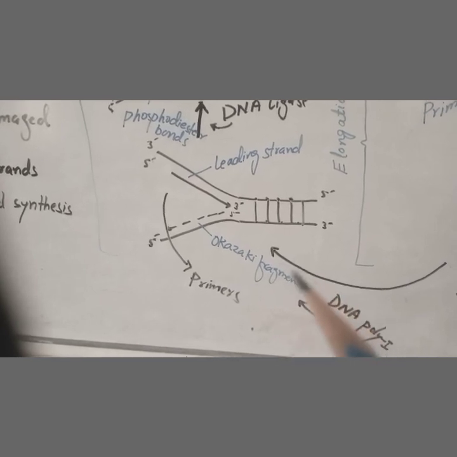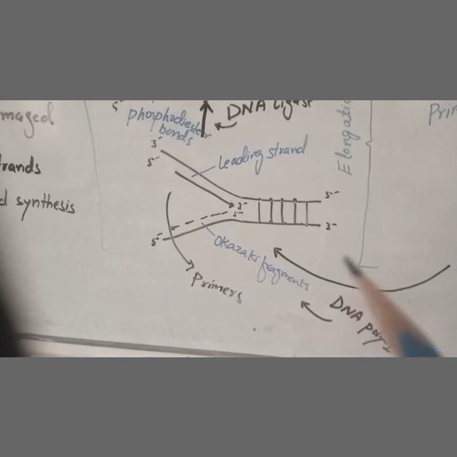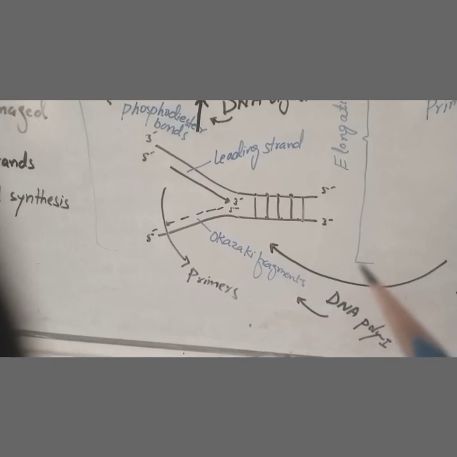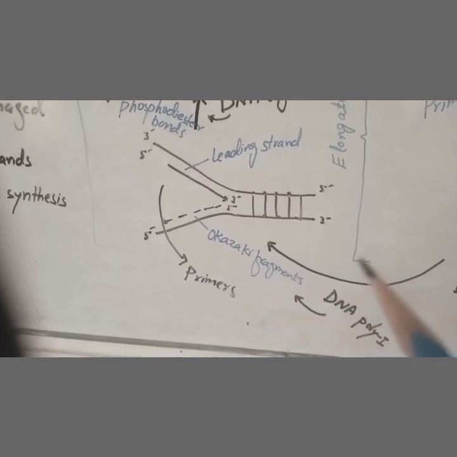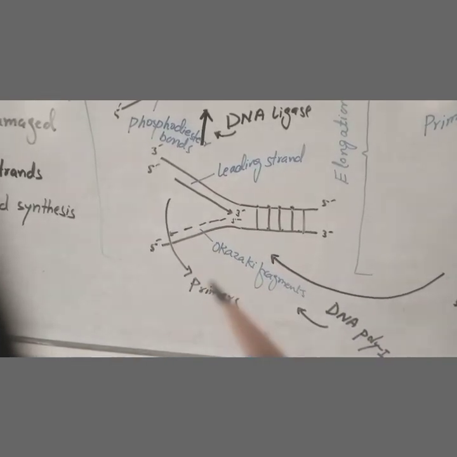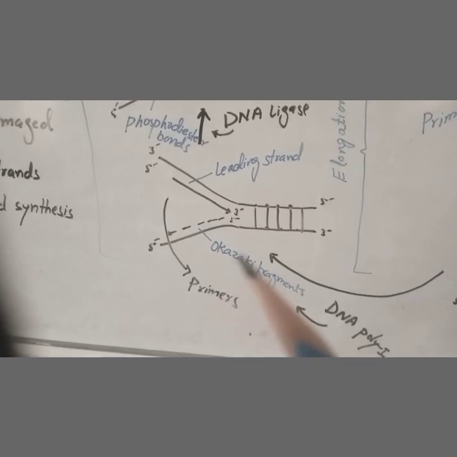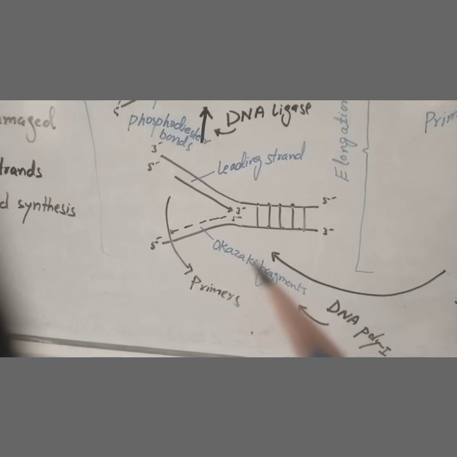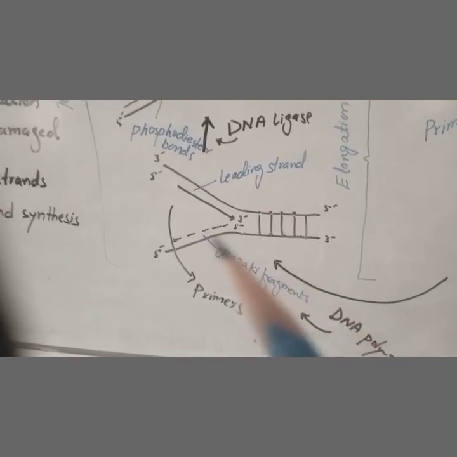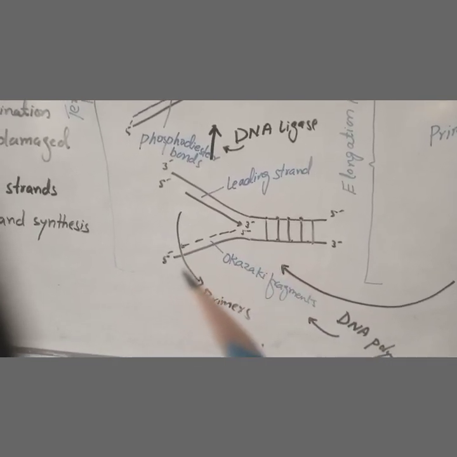It is attached to the 3' end of the Okazaki fragment where it adds DNA nucleotides so that it can extend, while on the other hand it cleaves nucleotides from the 5' end of the primer. This way primers are removed and each Okazaki fragment is extended up to the next Okazaki fragment, but they do not join together, so they are in the form of fragments.